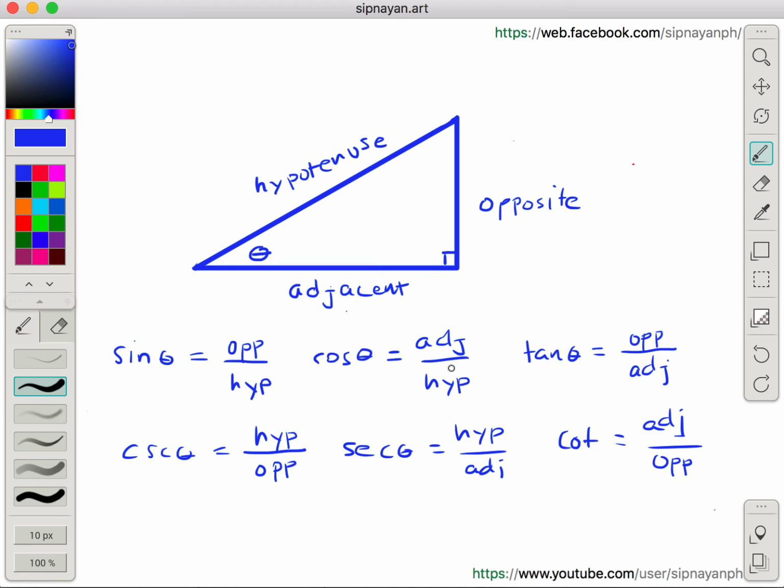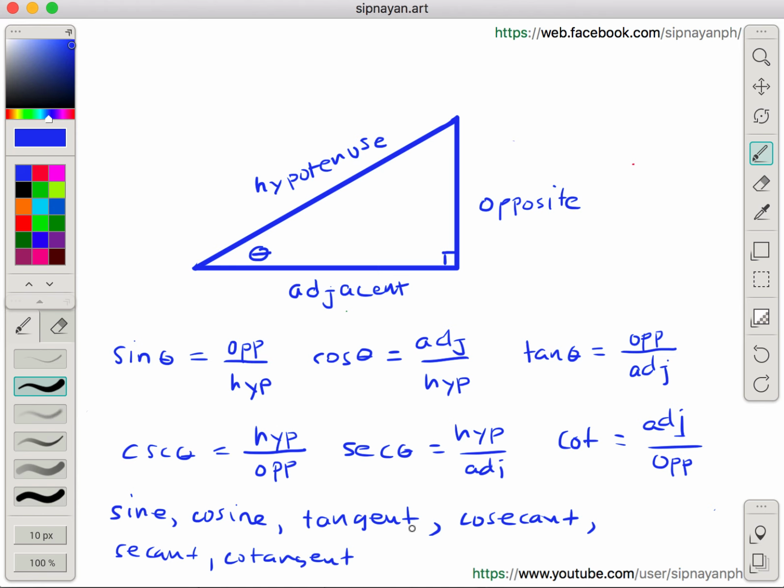May mga abbreviations, pero yung sin, yan ay sine, ito ay cosine, ito ay tangent, ito ay cosecant, ito ay secant, at ito ay cotangent.